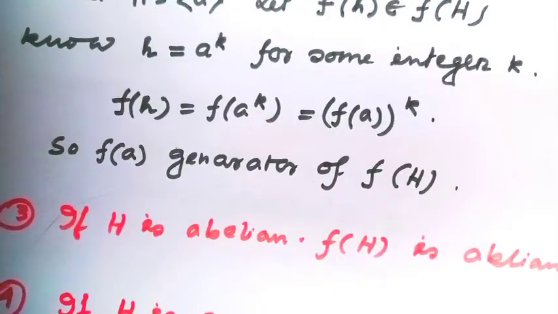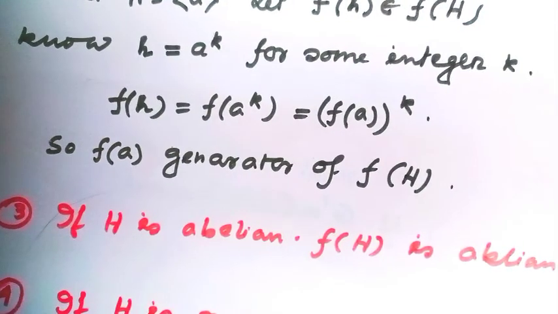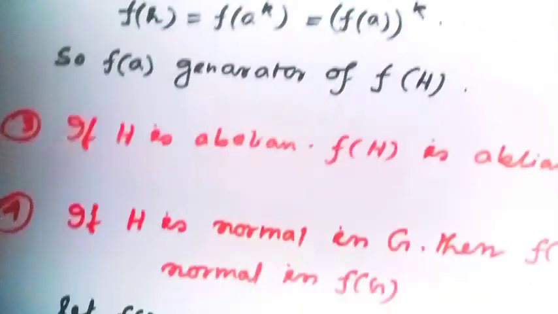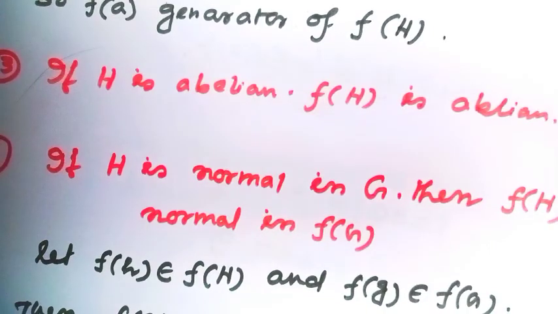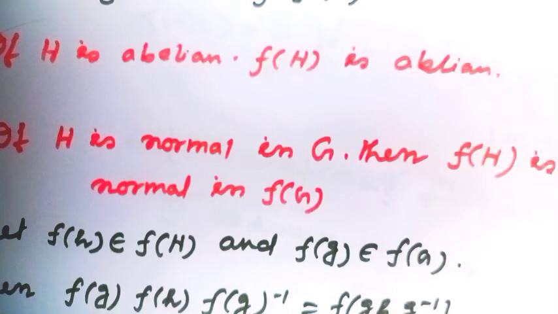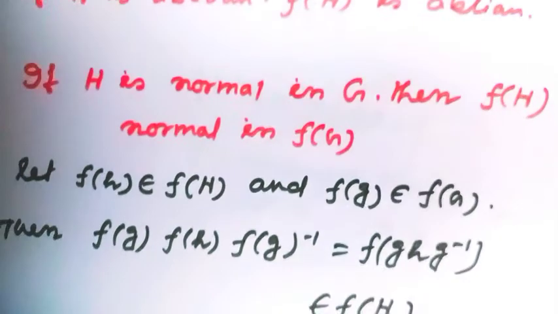The third property is, if H is abelian, then f of H will be abelian, and this proof is similar. And the fourth property is, if H is normal in G, then f of H is normal in f of G. Let's see the proof.